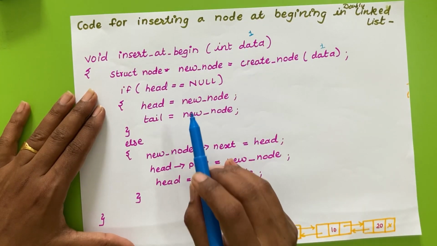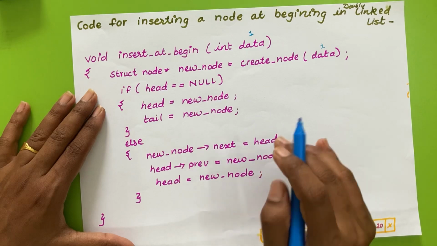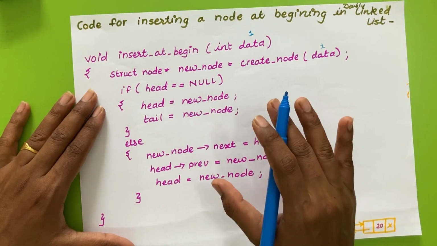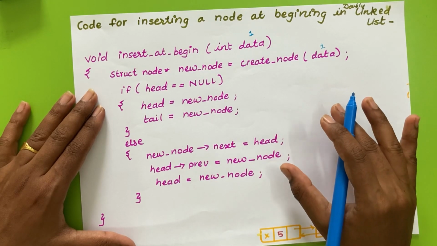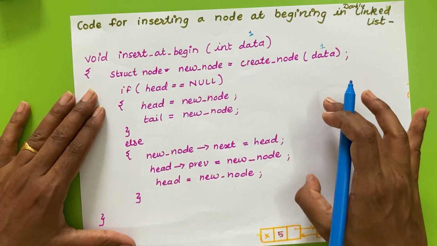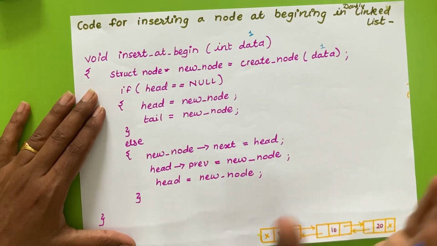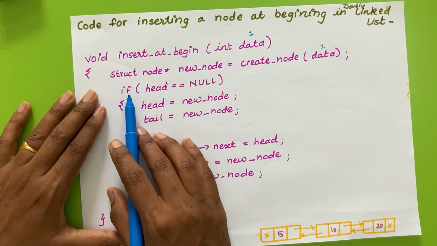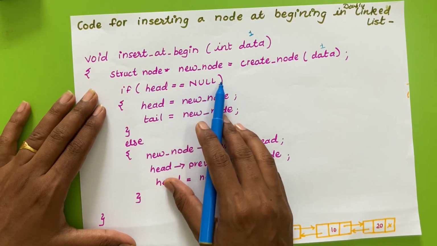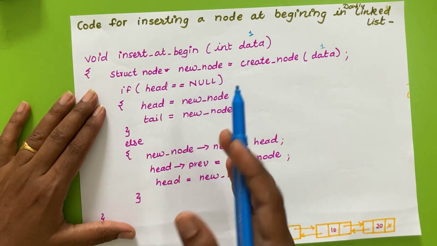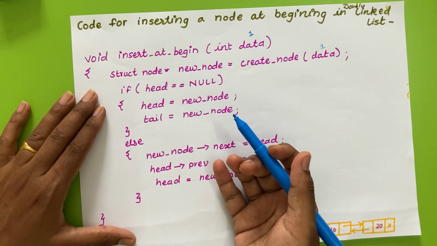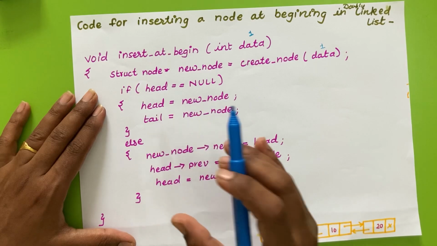First we have to check the condition, that is whether we have a head node present in the linked list or not, or whether we have an already existing linked list or not. For that purpose we check if head is equal to null, then we have to add the new node that will act as the head as well as the tail node.